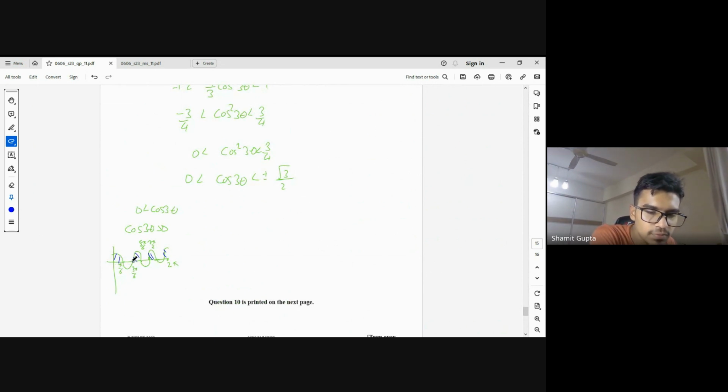This region is already beyond this. 3 pi over 6 is pi over 2, which already crosses the limit. So this is only the limit, 0 to pi over 6. That's not the limit. Then the other one.